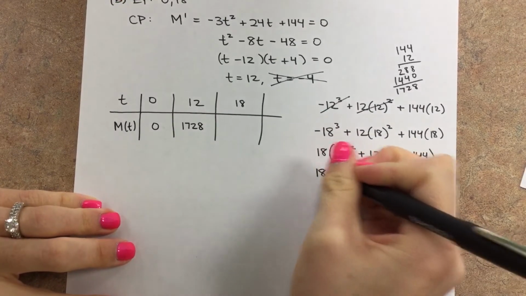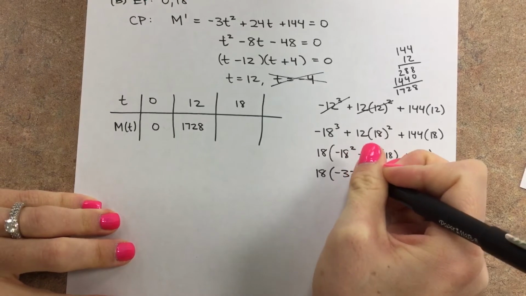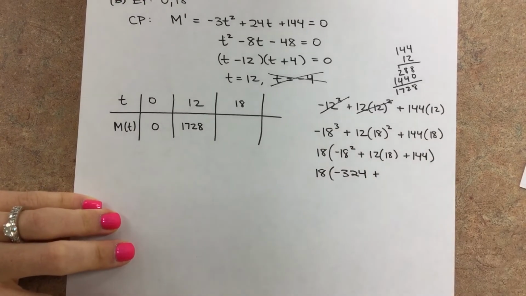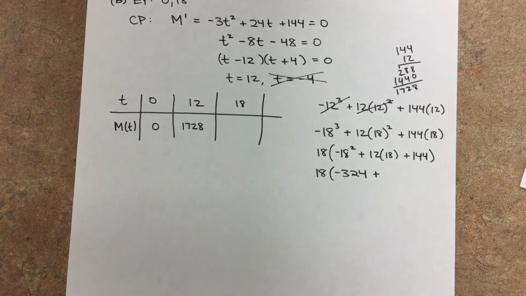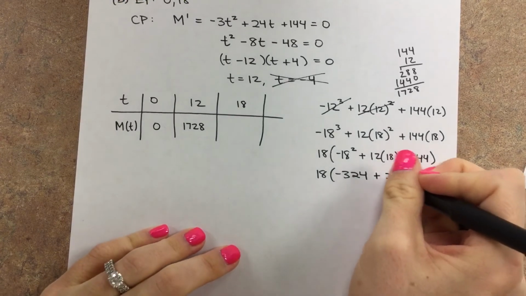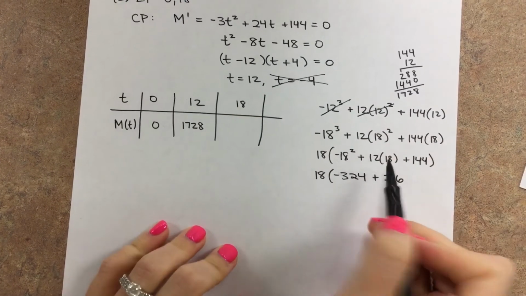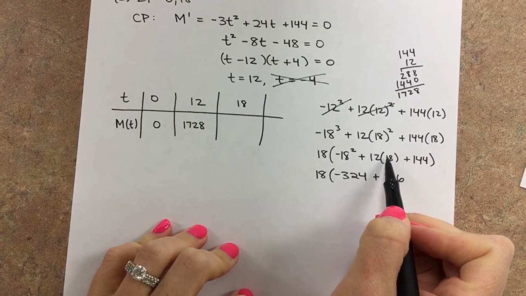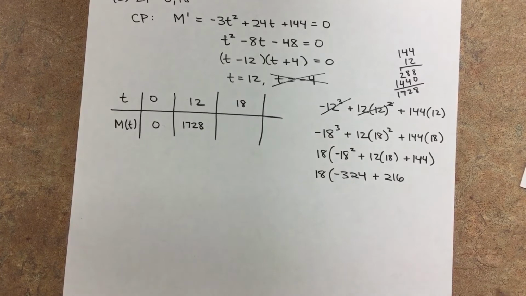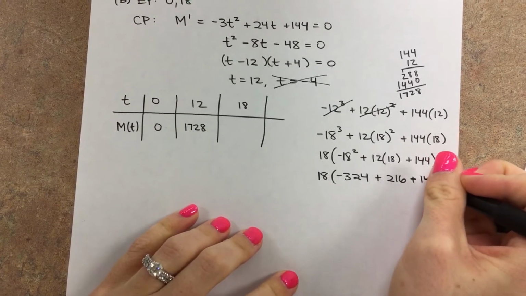So this would be a negative 324 plus, and then 12 times 18, let's see, I am just plugging into the calculator, which I know is cheating, but it's 216. So you can kind of regroup here. So 12 times 18 would be the same as 6 times 36, which is 216, and then plus 144.